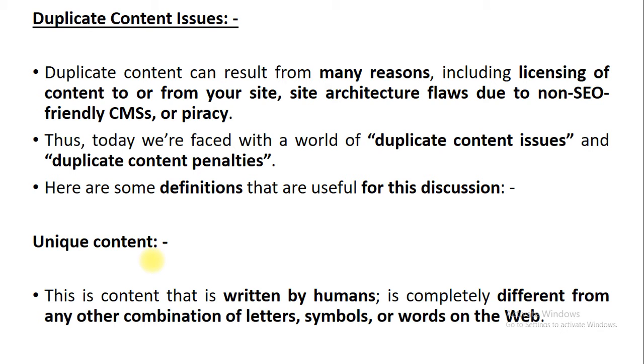Suppose you have used a content management system which is non-SEO friendly. In those cases, as well as if piracy issues are there, duplicate content issues occur. Thus today we are faced with a world of duplicate content issues and duplicate content penalties.